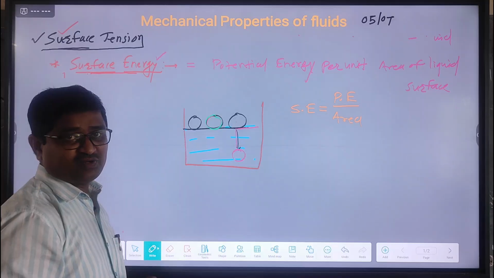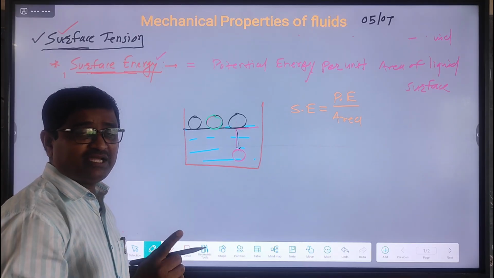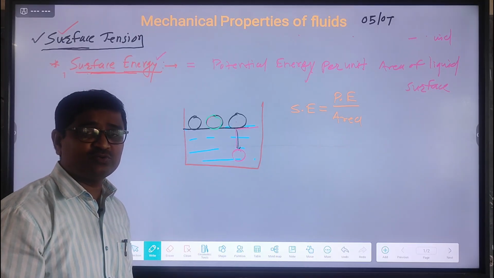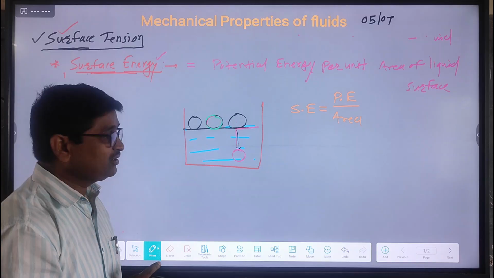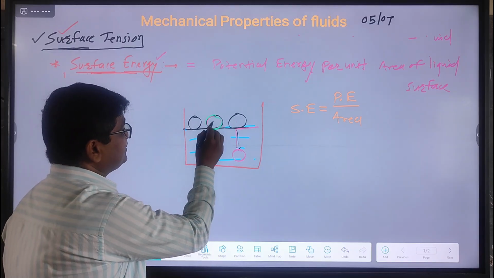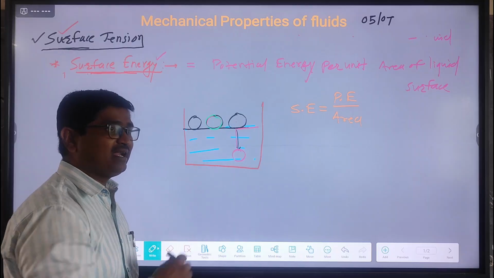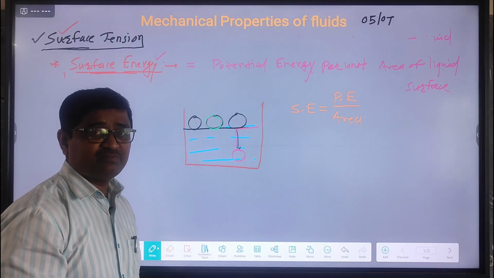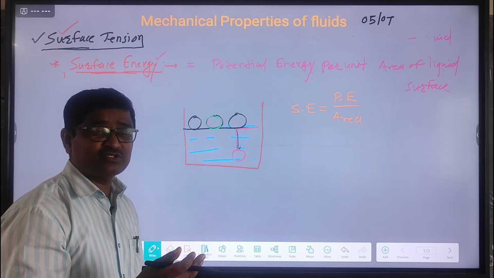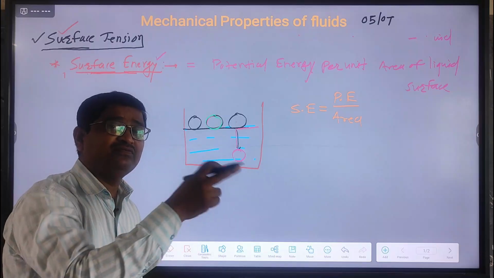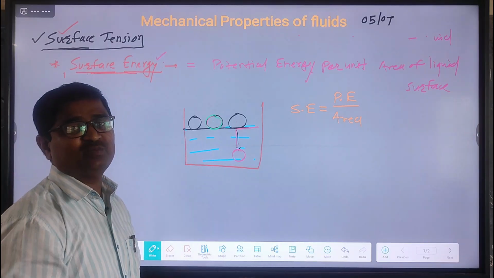Such restored energy is called potential energy, and potential energy is the ability of that substance to do some work against the force. Now when these molecules are exactly present on the liquid surface, they are performing work against the gravitational force, and such work done is restored in the form of energy. Such energy is called potential energy.